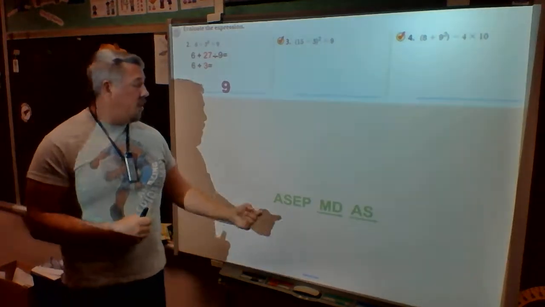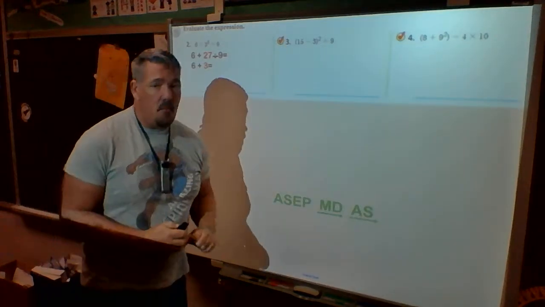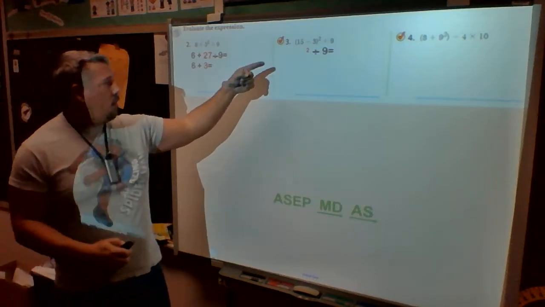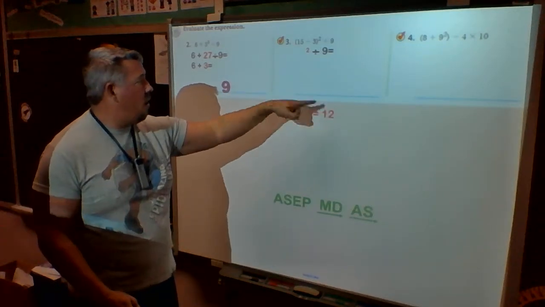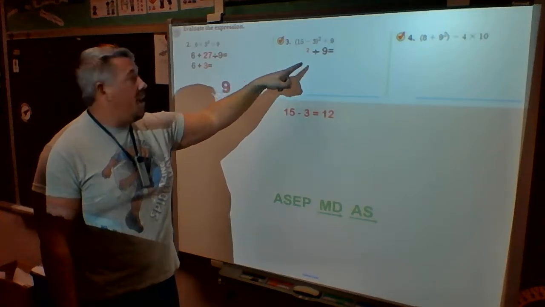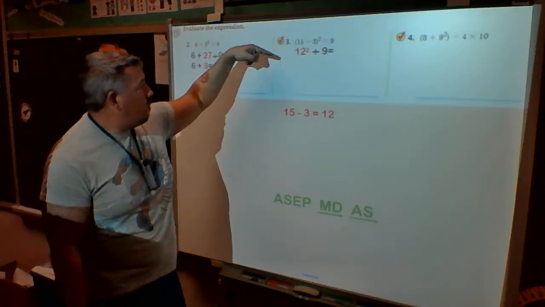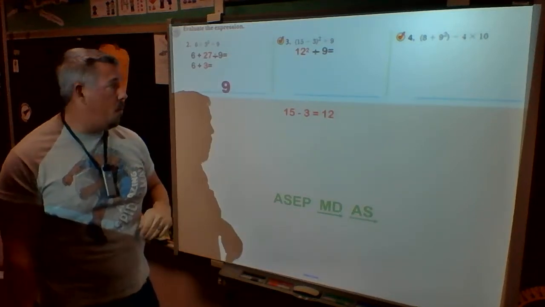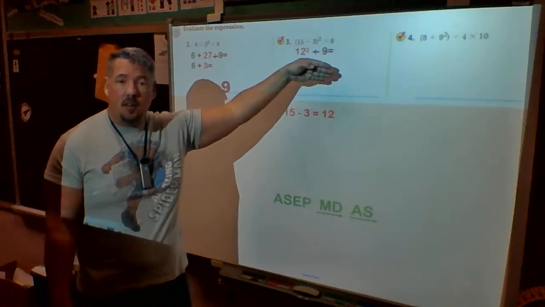I have to start with inside of parentheses, 15 minus 3, which gives me a total of what? Well, 15 minus 3 is 12, so I know I'm going to take 12 and I'm going to square it. So I plug in 12 squared, because I keep everything else that was in my math problem, divided by 9.